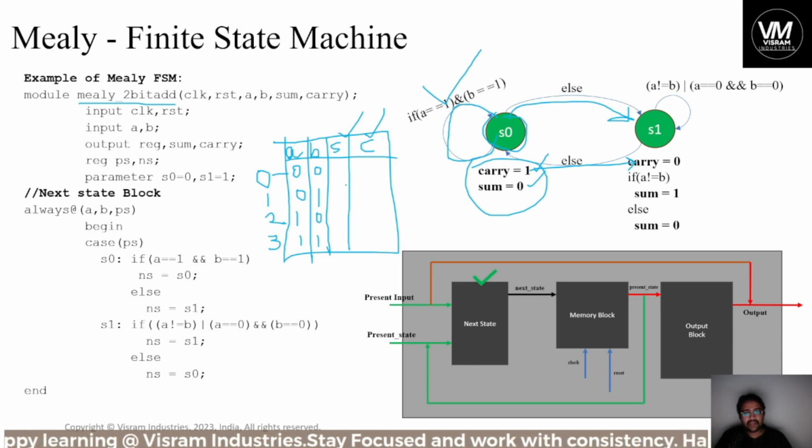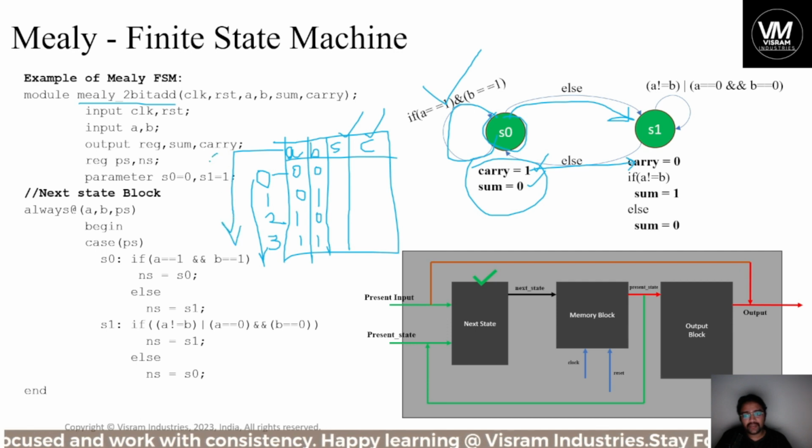Okay. Why am I saying this? Whenever you write or see a truth table, understand that if it is 2-bit, you start from 0 to 3. And if it is 3-bit, you start from 0 and end at 7.